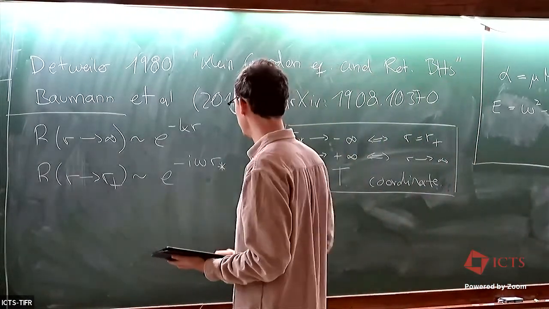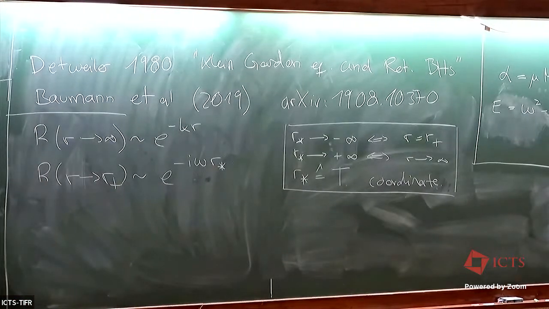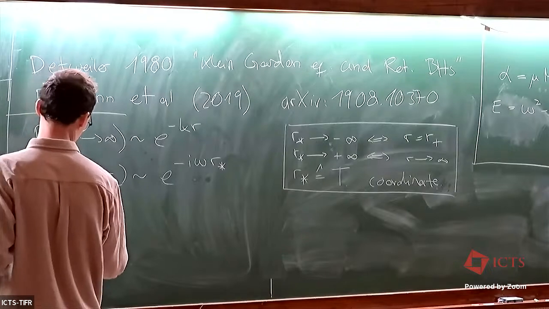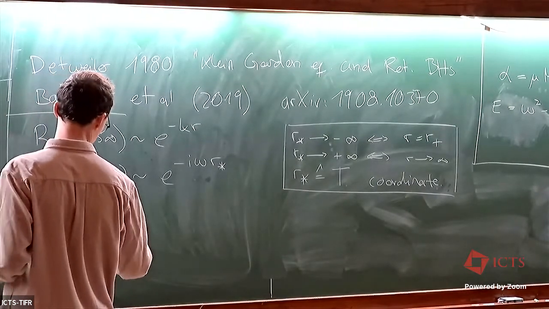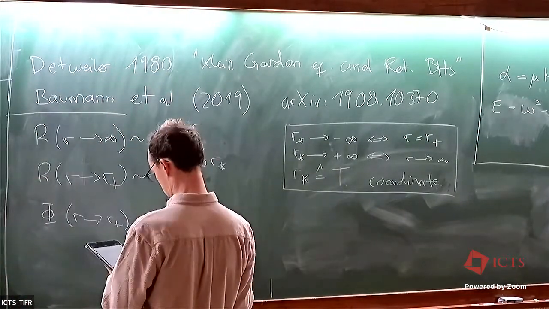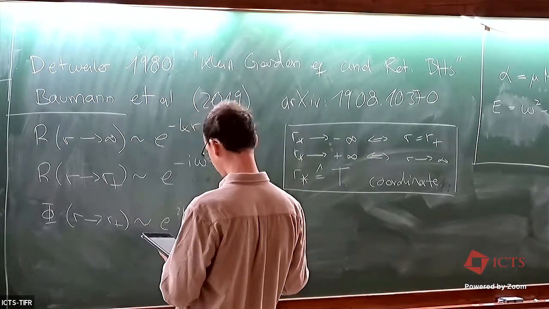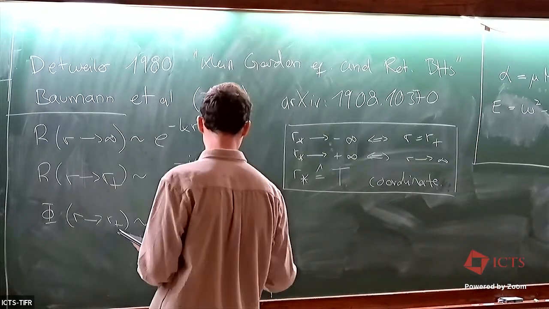What this actually means is that if we combine this with this part of our ansatz, then we know that phi at the horizon will go as e to the i omega (t plus r star).